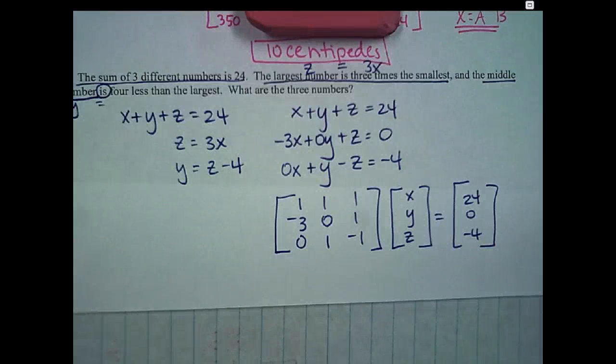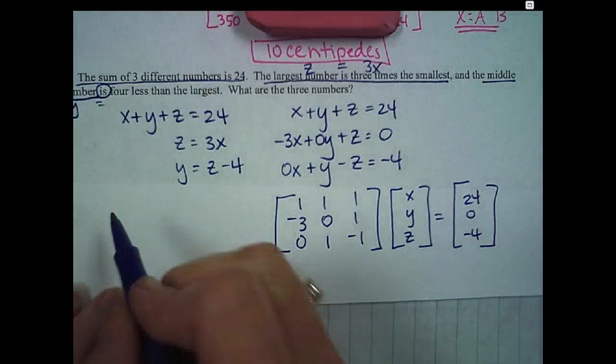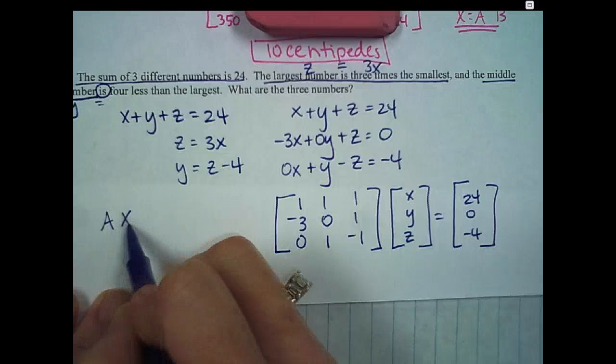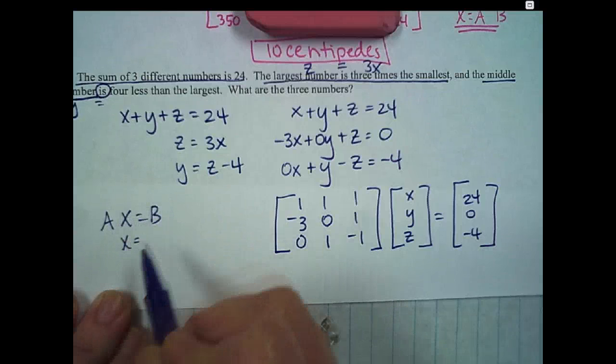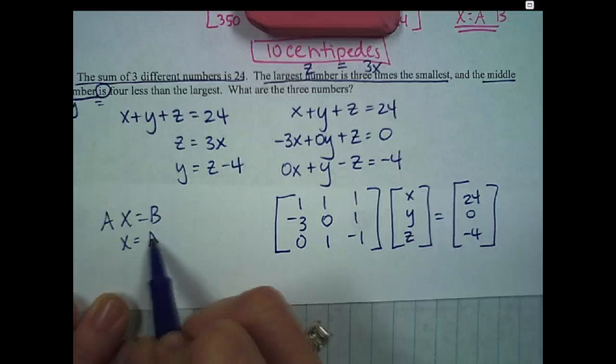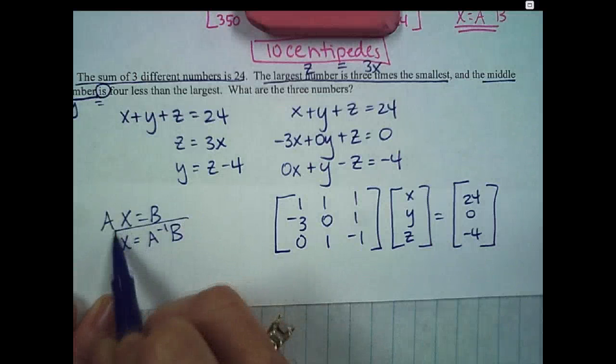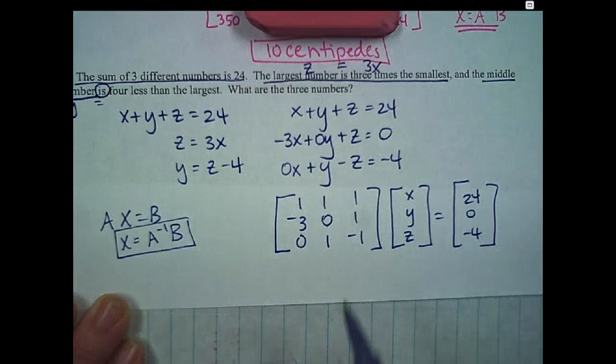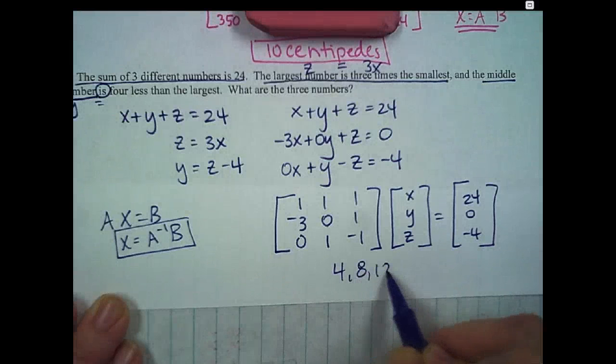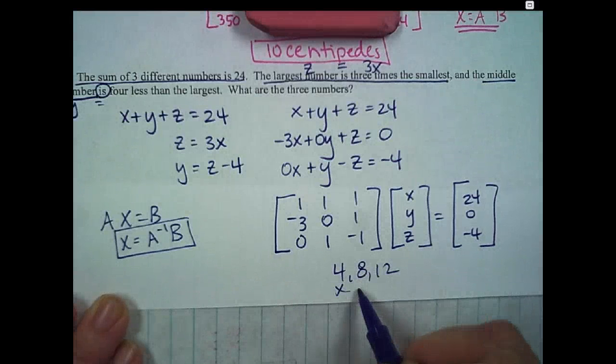Okay? When you plug it in, remember your formula is A times X equals B. So to get your answer matrix, you need A to the negative 1 times B. When you do that, your numbers are 4, 8, and 12. X, Y, and Z.